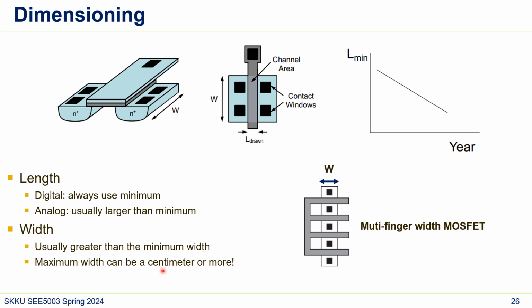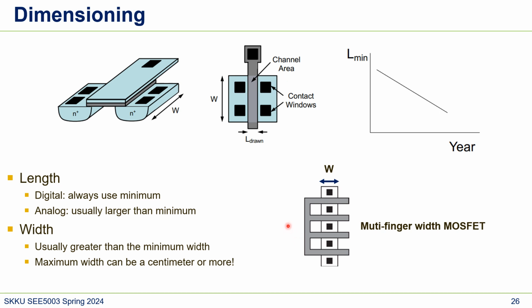So what do you mean that the MOSFET has centimeter scale? It doesn't make any sense, right? What it means is that when we actually design the MOSFET, it has multiple fingers. So if the width is here, the total width of this MOSFET is 4 times the width because there are 4 fingers. So this centimeter MOSFET is not an actual start-to-end centimeter. It has a lot of fingers.